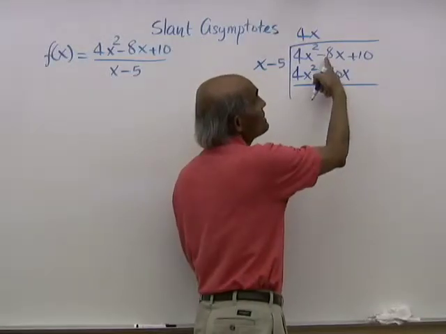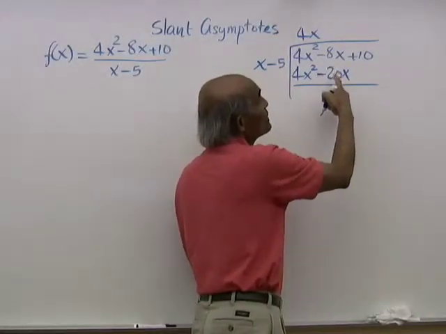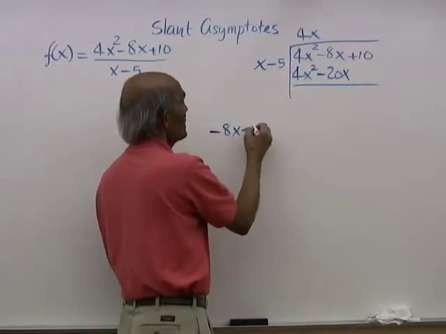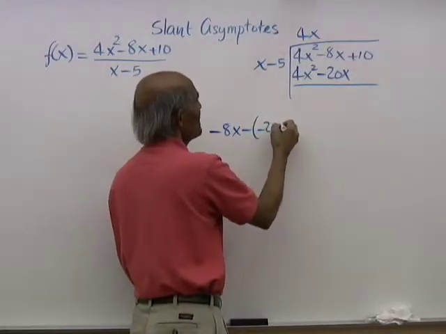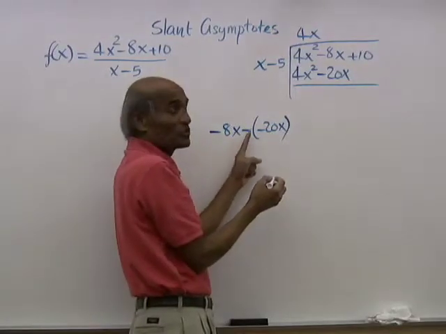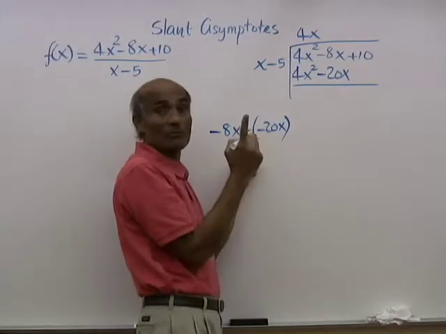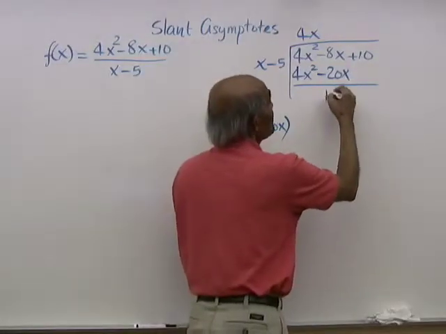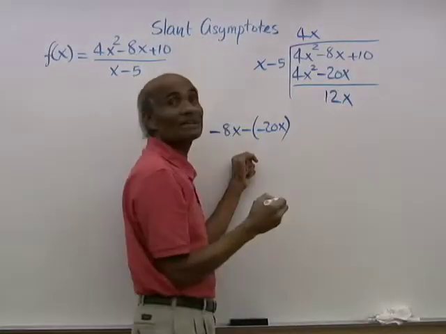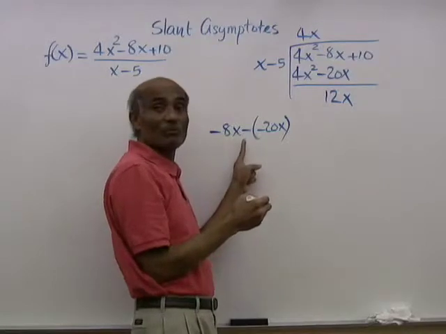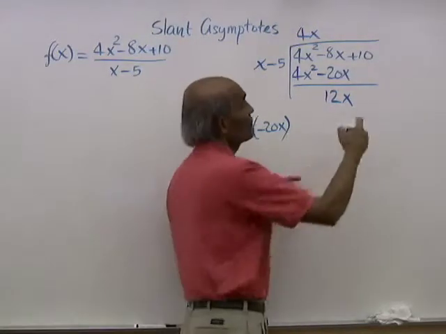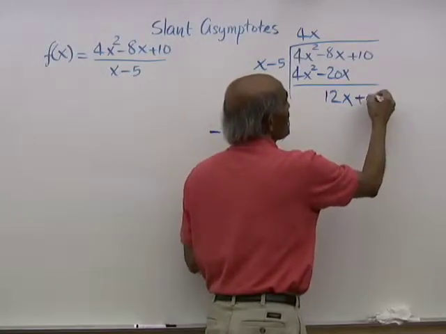That is negative 8x minus negative 20x. When you subtract a negative, it becomes positive. And that will be positive 12x. Is that right? Negative 8x minus negative 20x is positive 12x. Now bring down the plus 10.